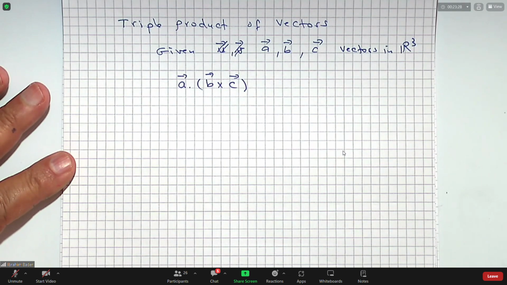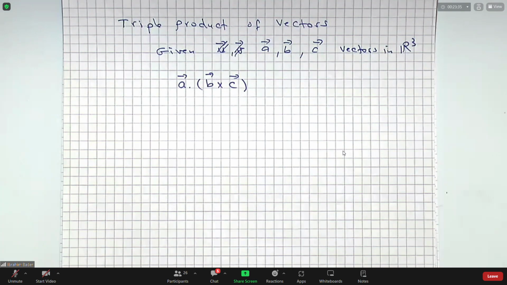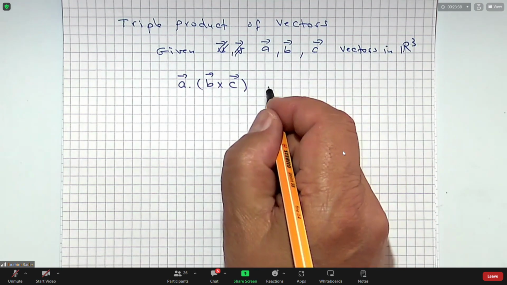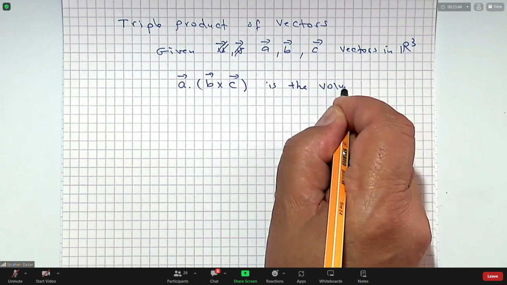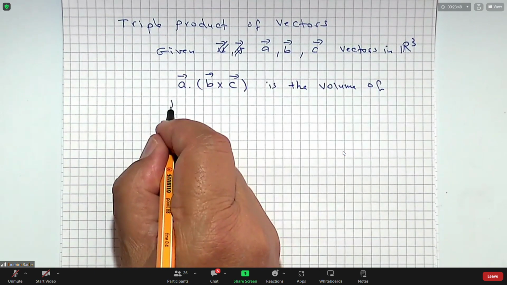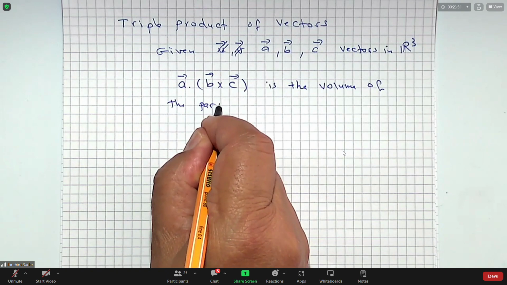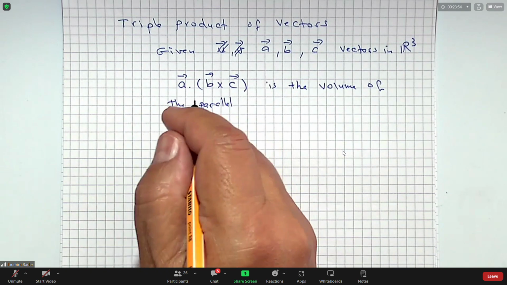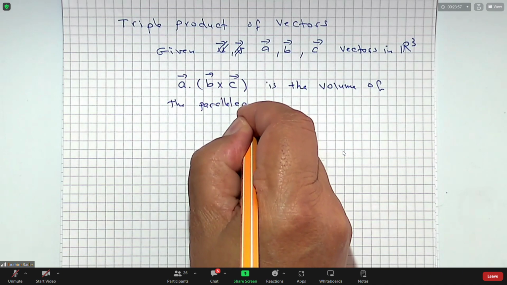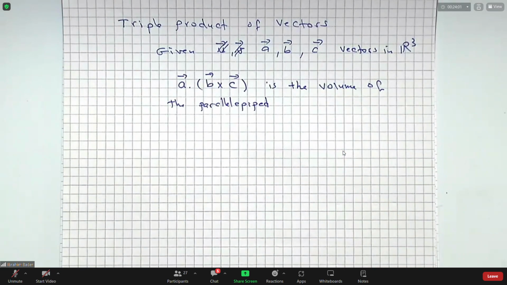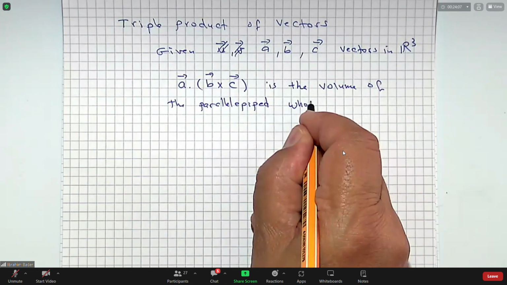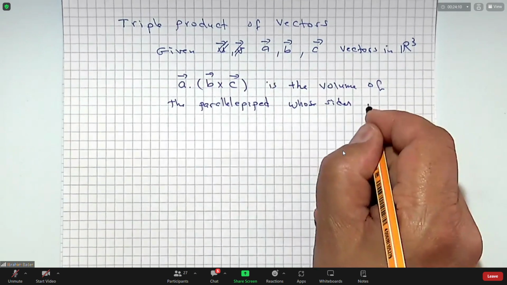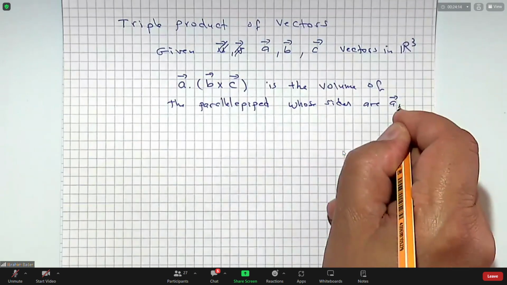Number is the volume of this triple word parallelepiped whose sides are the vectors actually.